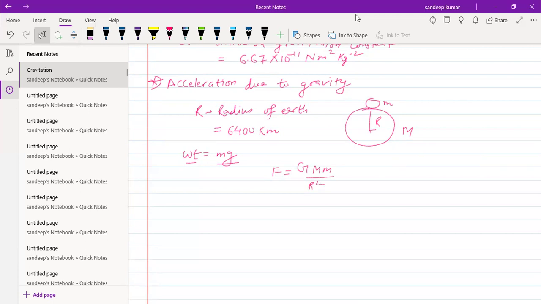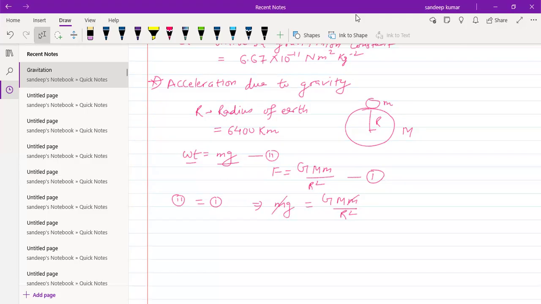See children, this weight of the body on the surface of the Earth is due to the gravitational force by the Earth. So we can equate equation 2 to equation 1. We can write mg is equal to capital G, capital M, small m by R square. Do you agree with me?